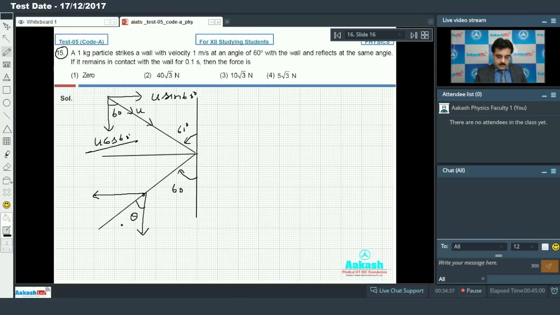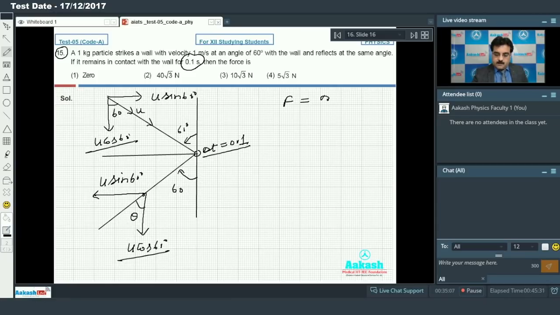Here I can write that this is the value of u sin 60 and this is the value of u cos 60, because I need to calculate force, and the question says the time of contact is 0.1 second. So we'll write delta t, the time interval, is 0.1 second, time of contact. So I need to calculate force.